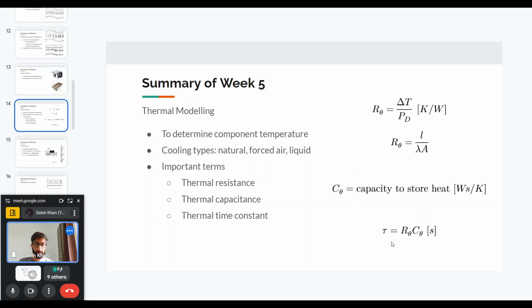This gives us the thermal time constant, which has a unit of seconds, and it basically tells us how fast that particular material changes its temperature for a given amount of heat. So if we apply a particular amount of heat, how fast will that component change its temperature? These three terms will be used in the thermal modeling.